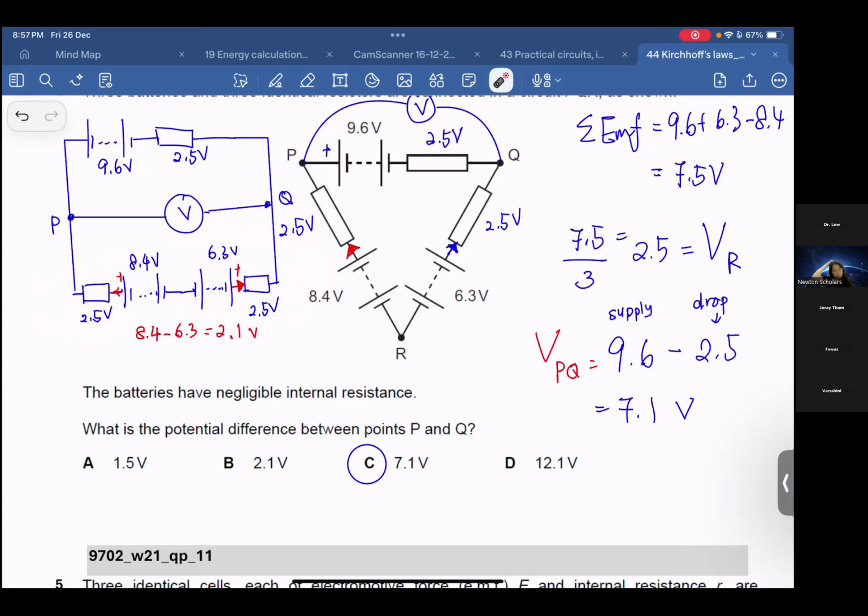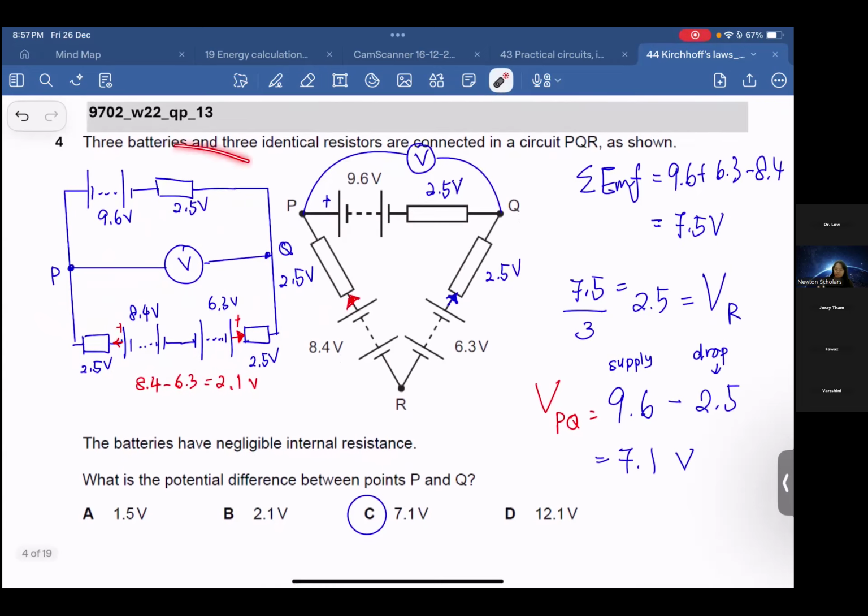If explained like this it will make you confused, so okay, dear, we just stick to here. What I calculated here actually works, but we have to consider how the whole circuit runs. In the whole circuit, 9.6 plus 6.3 is higher, so we should follow this direction, and the 8.4 should be negative.